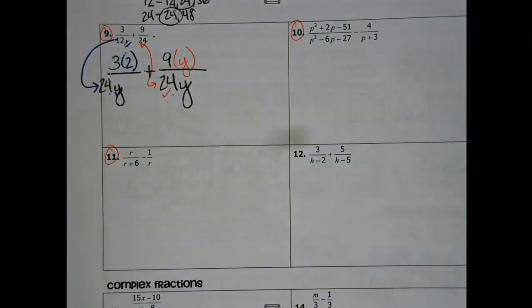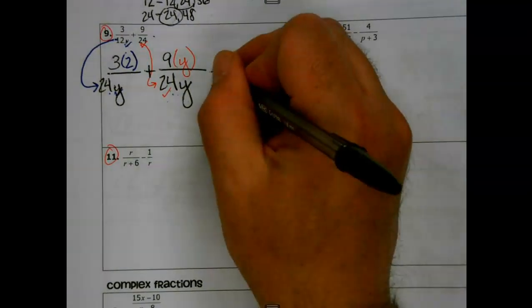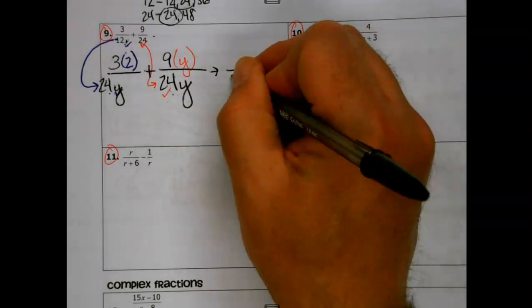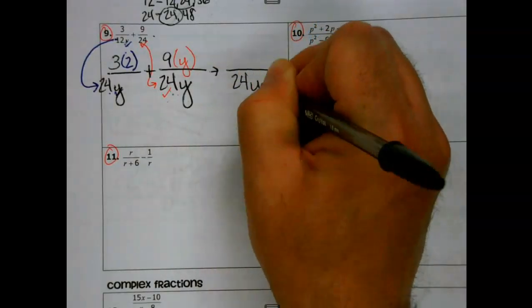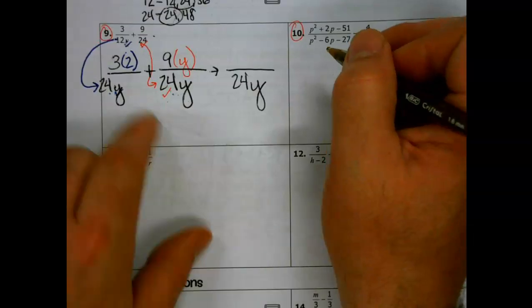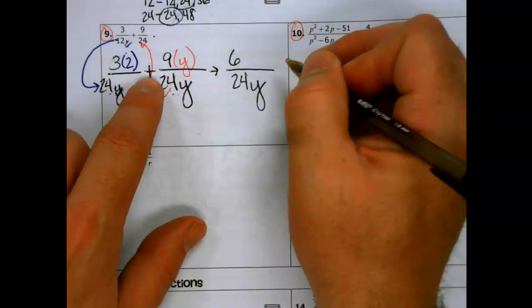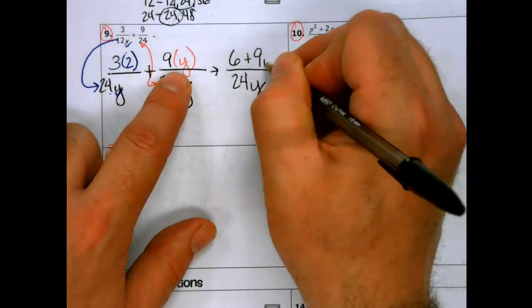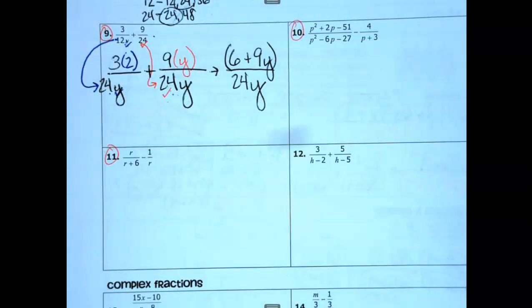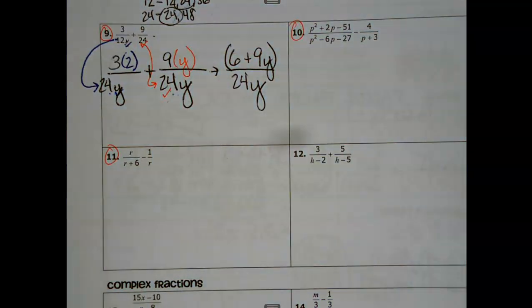We're building the numerator. And so now that we have a common denominator, 3 times 2 is 6, 9 times y is 9y, and we'll do what we've normally been doing for every other problem.